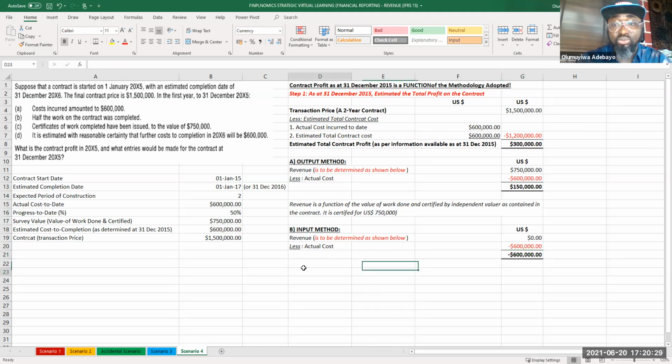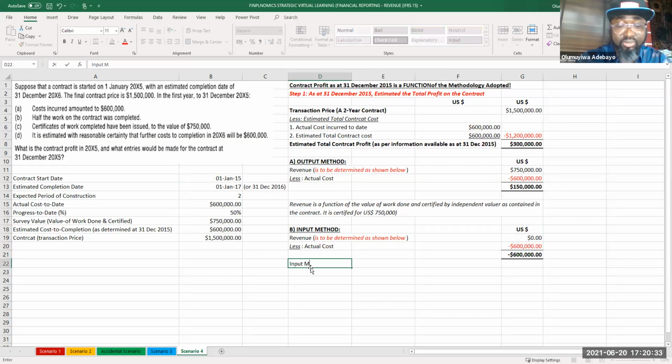But the input method will require a percentage of completion as thus.